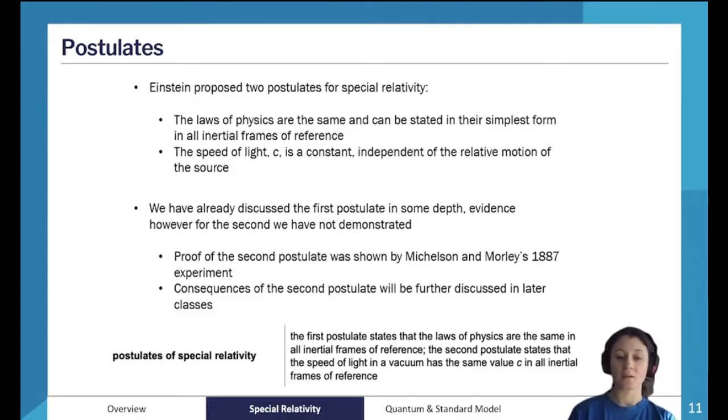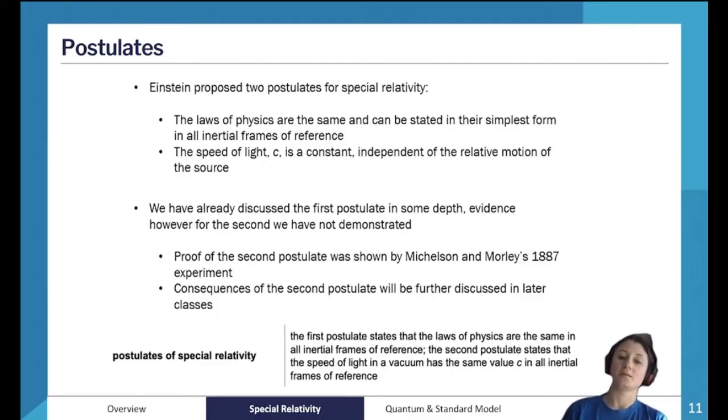What this is saying is that in all reference frames that are not accelerating, and that's an inertial reference frame, the laws of physics are the same. Nothing changes depending on the speed that you're going. The next one is kind of a knock-on effect of the first one, but the second one is the one you will be dealing with the most, honestly.